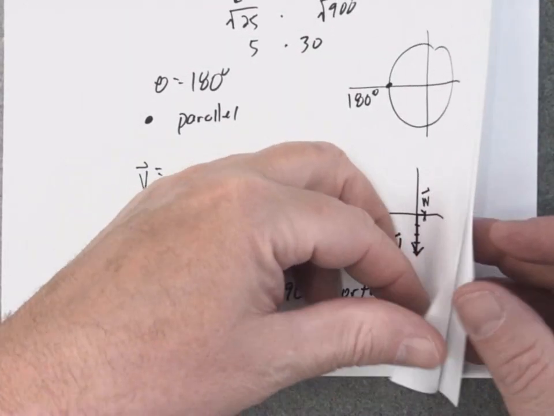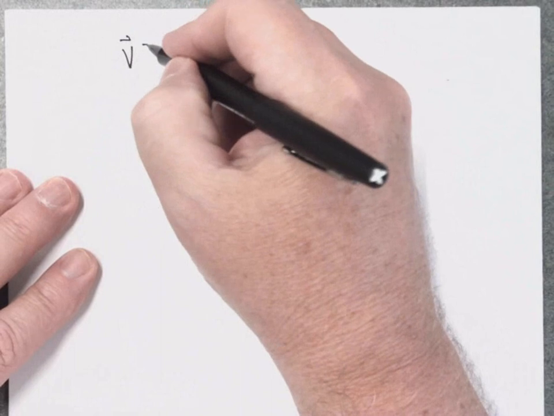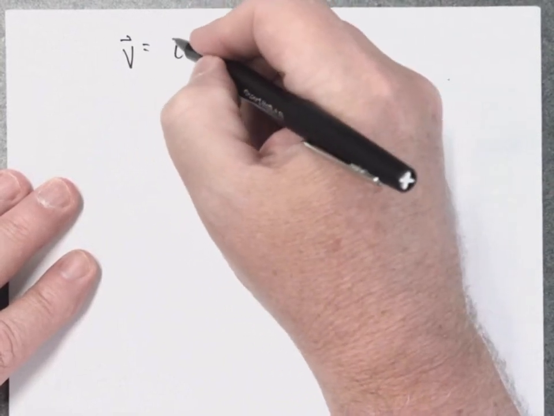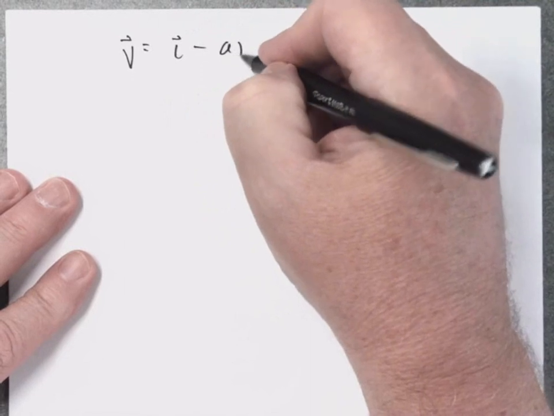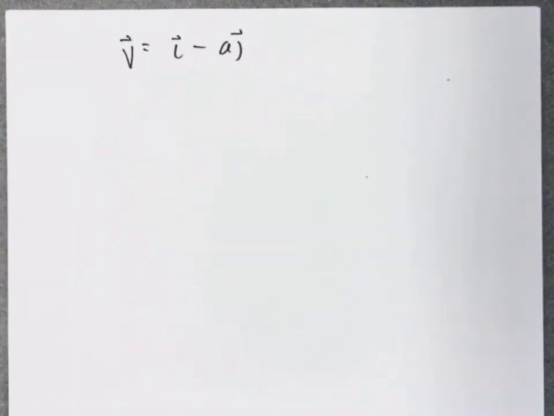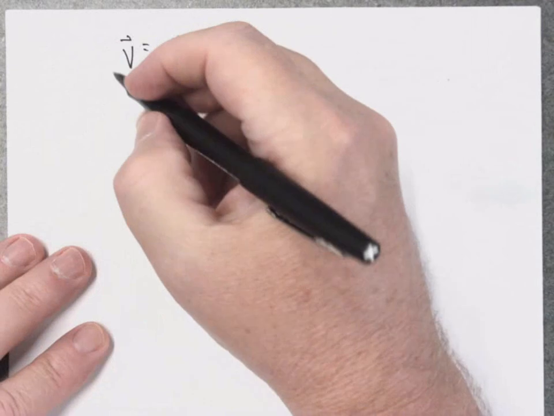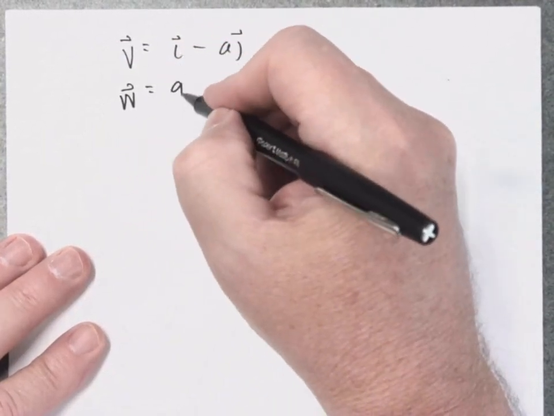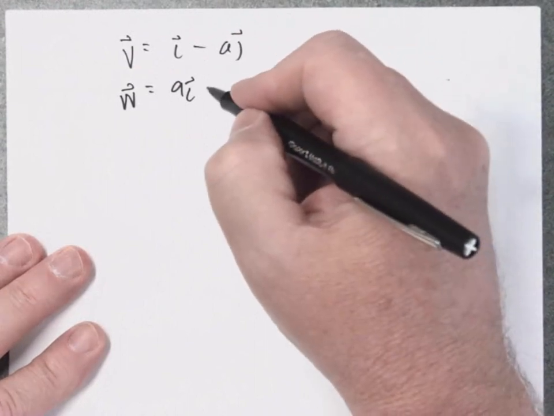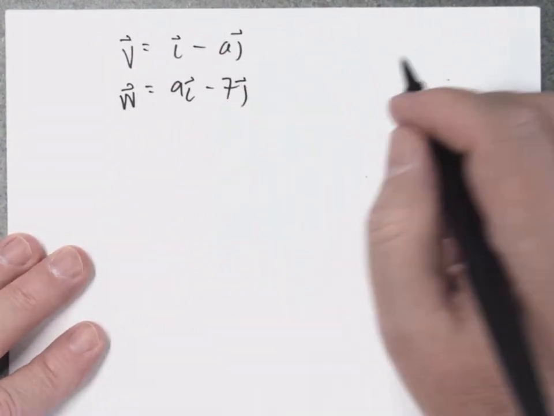Now there's one more problem with a little twist. What they do is they give you the two vectors again. Vector V is i minus, now instead of giving you a number here, they leave it as the variable A. And then vector W is 9i minus 7j.